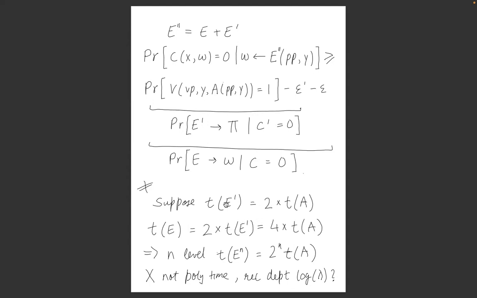But even if the extractor's time is an integer multiple of the time for the adversary, we can run into trouble once the number of recursions becomes very large. Suppose we have a 10, 100, or very large n-level system. Then the time for the extractor will blow up, and it will be 2 to the power n times the time it takes the adversary to convince the verifier.